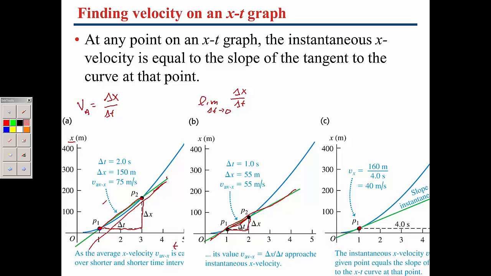And if I choose my time interval to be infinitesimally or extremely small, so the limit as delta t approaches 0, then I'm looking at the slope of the tangent line of the position versus time graph.